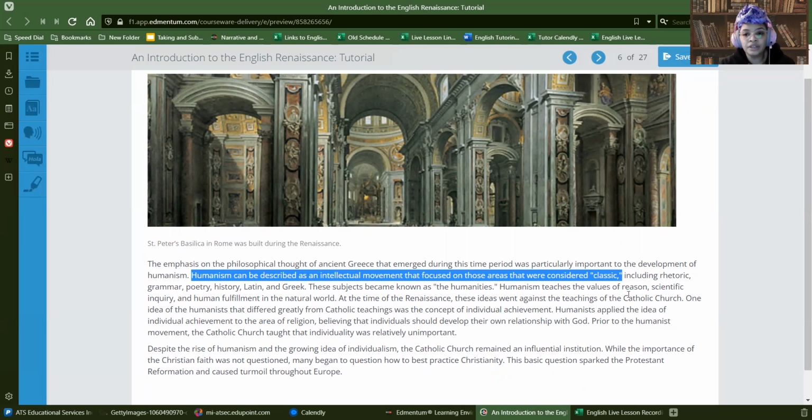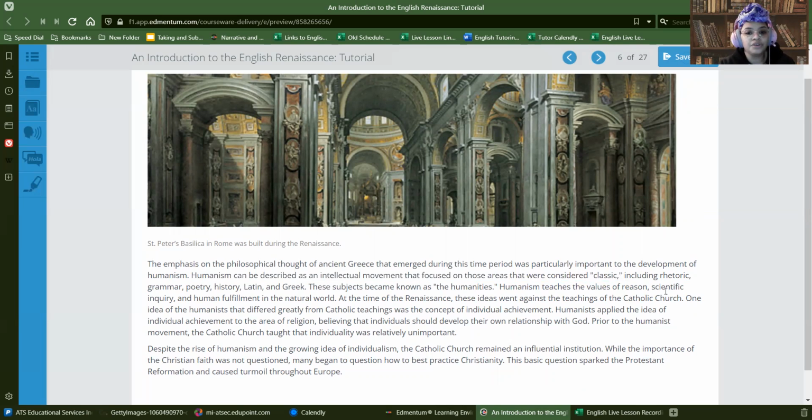So they give you a list of all the stuff that includes. So I would include that list. It includes rhetoric. Rhetoric is how people speak and how people make their points and argue with each other. Grammar, poetry, history, Latin, and Greek. And these subjects became known as the humanities.